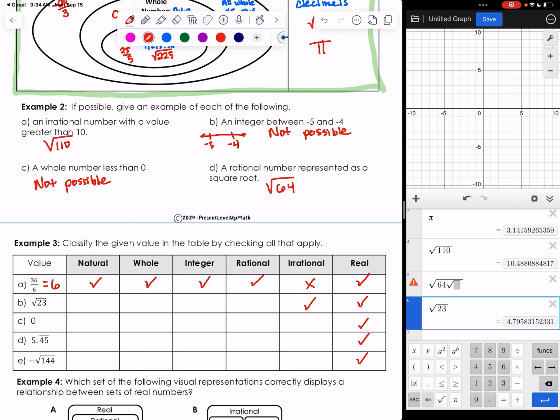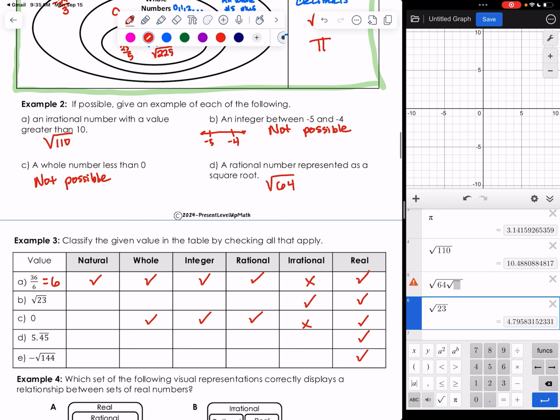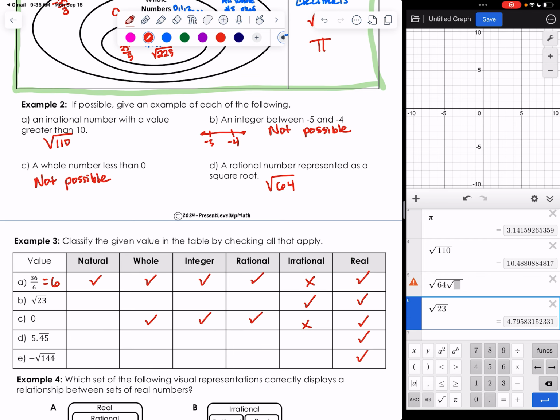All right, 0. 0 is a whole number, which means it is also an integer, which means it's also rational, but it cannot be irrational. Okay. 5.45 repeating. Now remember, decimals that repeat are rational numbers. They are not irrational.